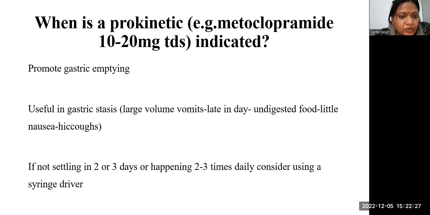If there is complete obstruction, you never use metoclopramide because it increases gastric motility, and in complete obstruction it will increase the forceful movement of the intestine, and the intestine may burst or some perforation may occur. So it is contraindicated in complete intestinal obstruction. If there is vomiting due to complete intestinal obstruction, never use metoclopramide.